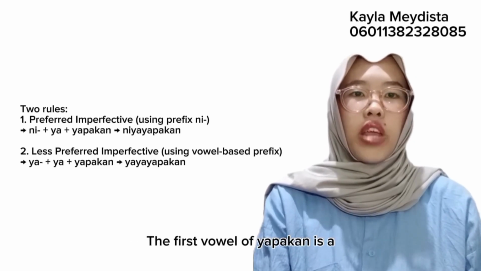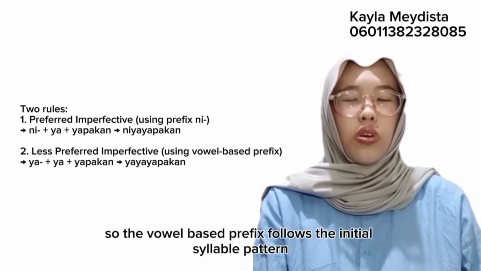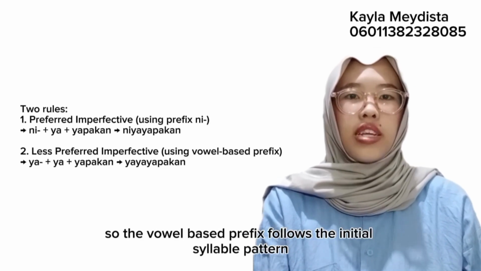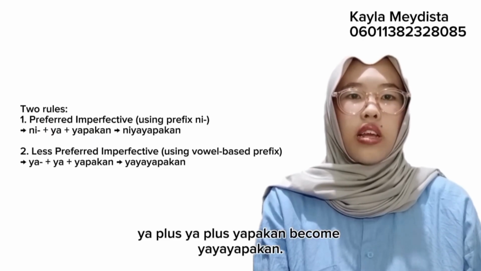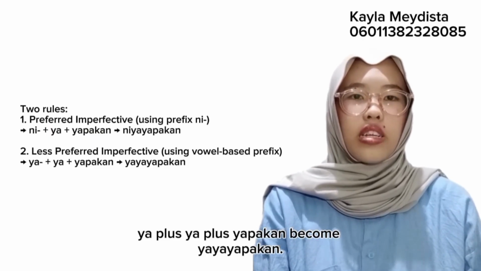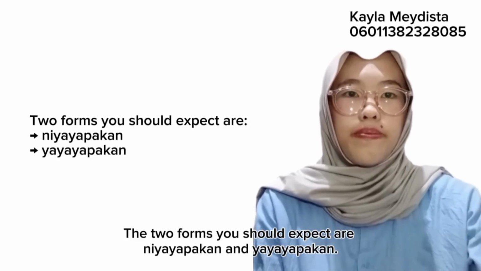The first vowel of yapakan is a, but the initial sound is ya. So, the vowel-based prefix follows the initial syllable pattern. Ya plus ya plus yapakan becomes yayapakan. The two forms you should expect are niyayapakan and yayapakan.